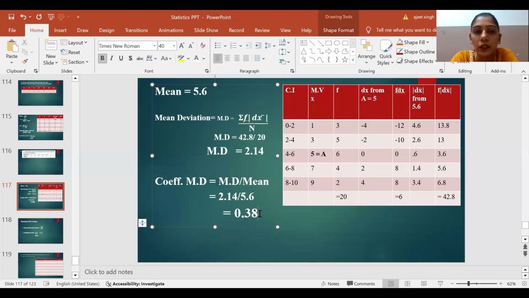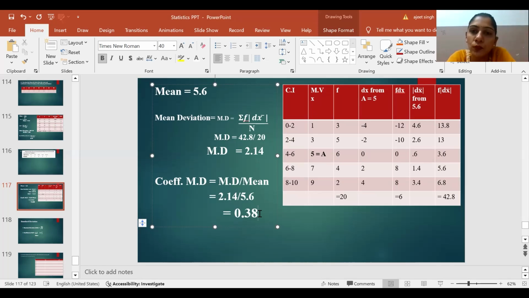So, in continuous series, we have to first calculate mean, and in continuous series, mean is calculated with the help of assumed mean. In continuous series, we are given a class interval. With the help of class interval, we find the mid value, which is also the value of x, and from that we take the assumed mean.